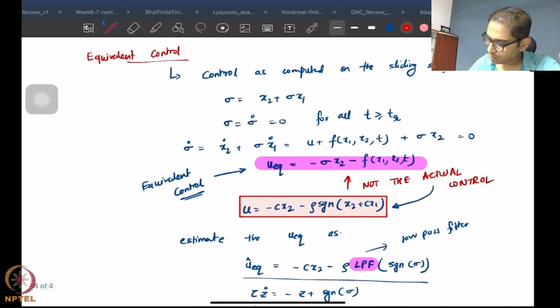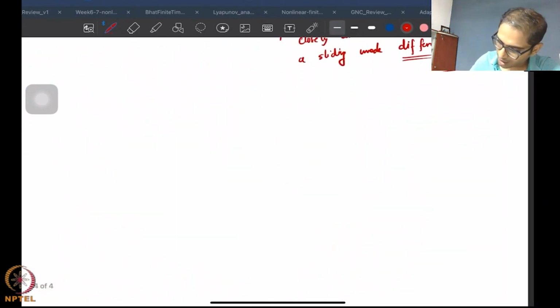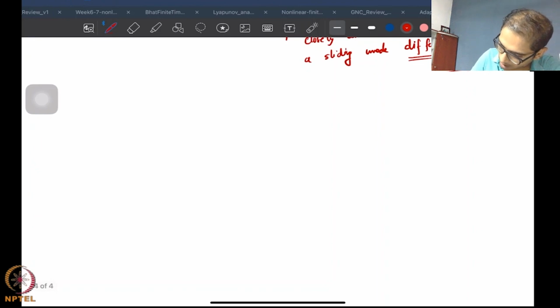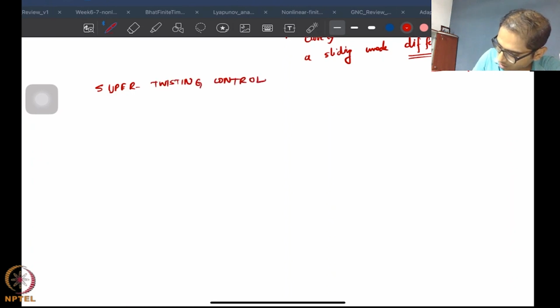So now we do something slightly different, and that's what is the title here. It's a super twisting control, and this is due to some really interesting results from Utkin, etc. So what is the super twisting control?